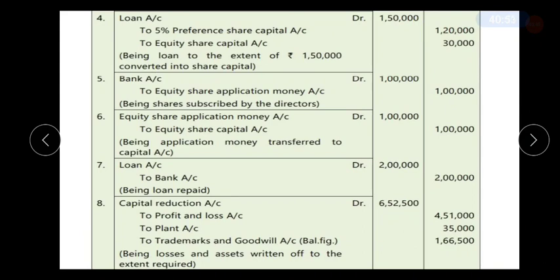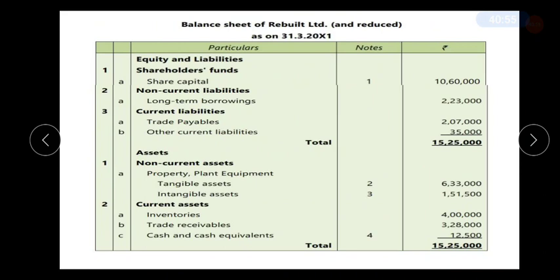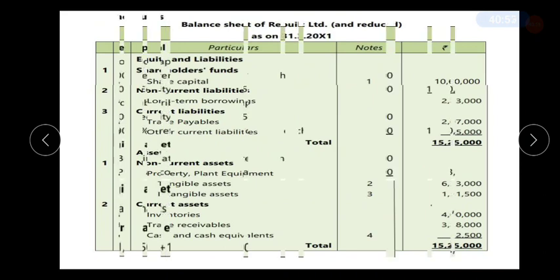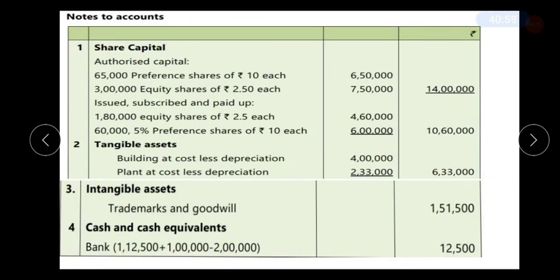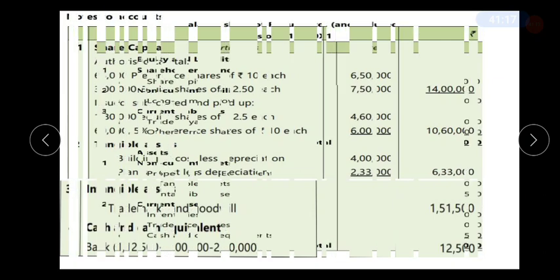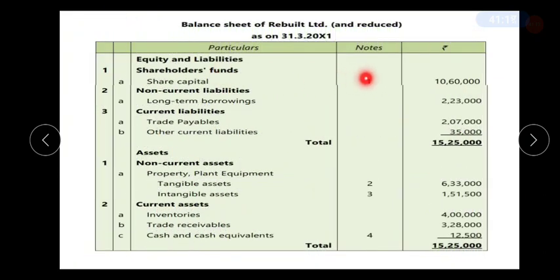That is 6 lakh. So 6 lakh new preference shares are issued. You know the face value, that is rupees 10. 6 lakh divided by 10, 60,000 5% preference shares of rupees 10 each. That's it. Okay. And here you need to total it. That is 10,60,000 share capital, which will go to the balance sheet. Share capital 10,60,000.